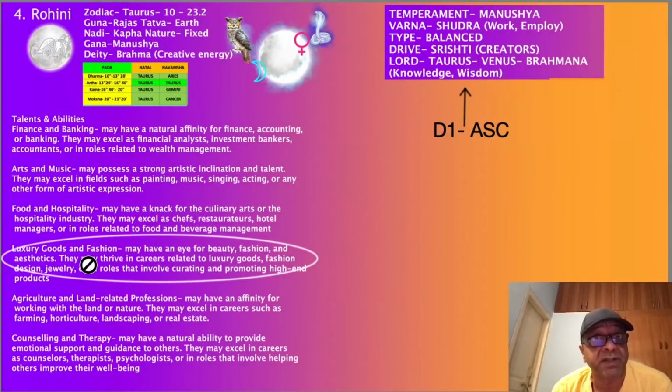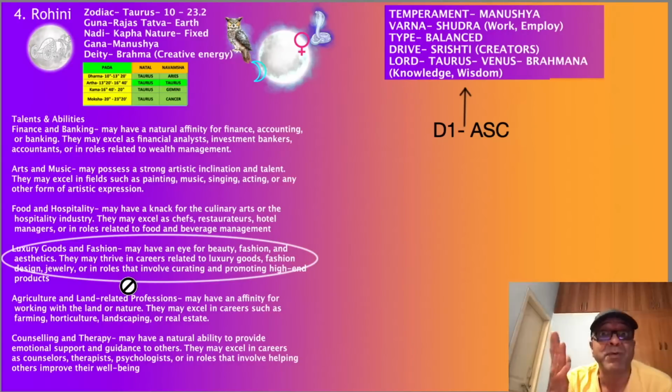One of Rohini nakshatra's prominent characteristics being a Manushagana, it wants to deal with things which are human in nature. Luxury goods and fashion. She may have an eye for beauty, fashion, and aesthetics. They may thrive in careers related to luxury goods, fashion design, jewelry, or in roles that involve curating and promoting high-end products.